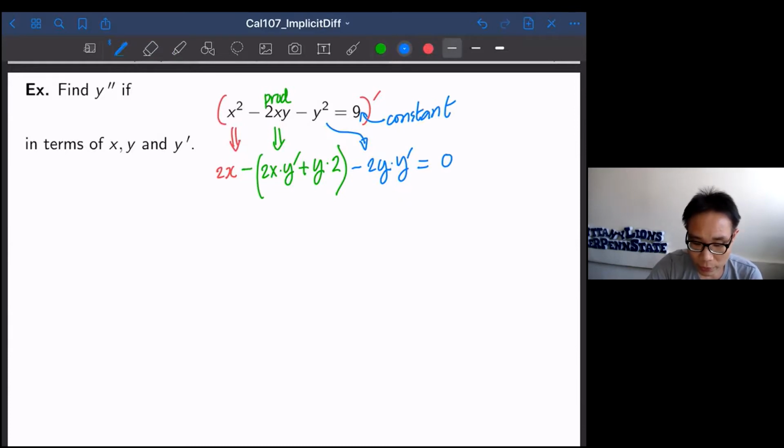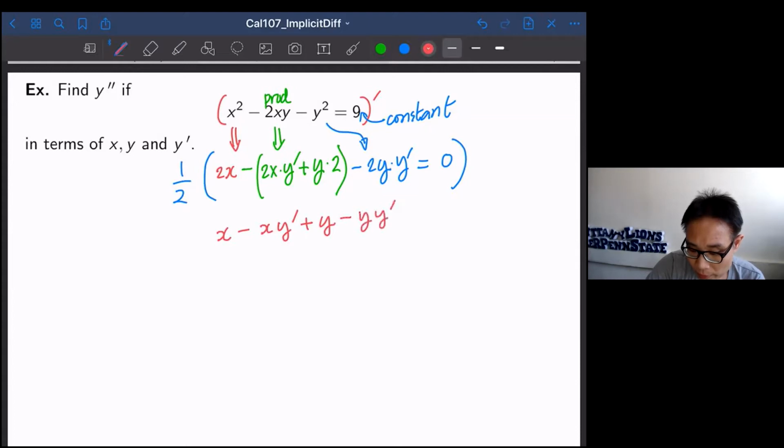You see that we can divide both sides by 2 in order to ease the calculation. So it gives you x minus xy prime plus y minus y prime equal to 0.